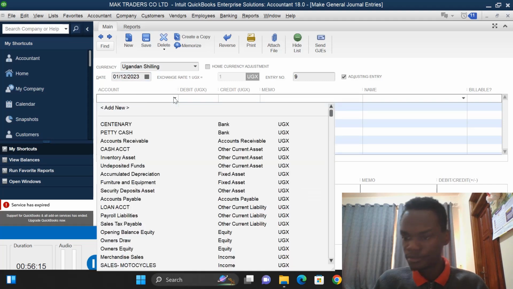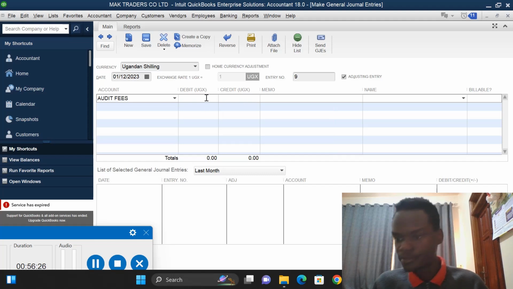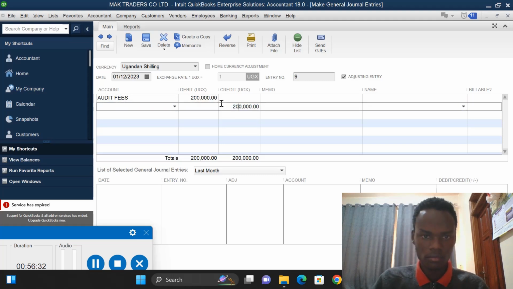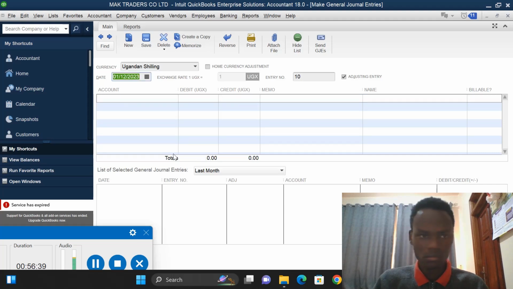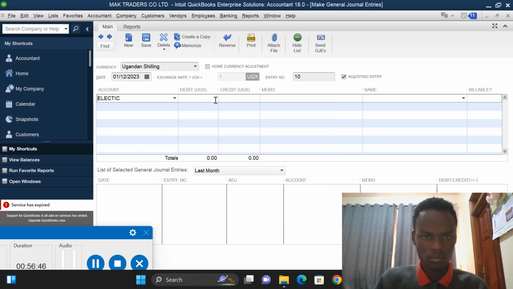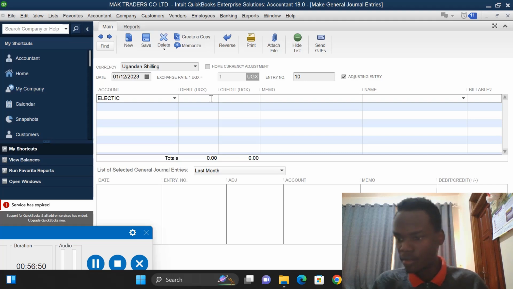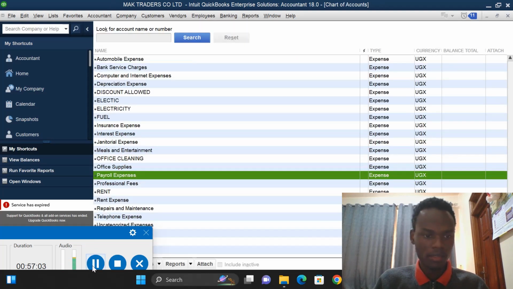Next will be auditing by 200,000. Then electricity by 500,000. Then we save and close.